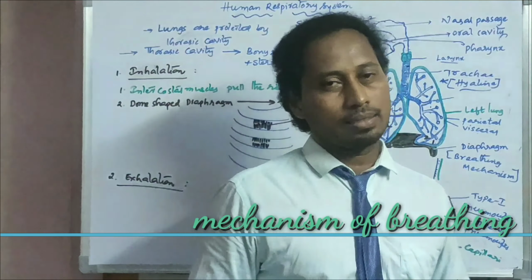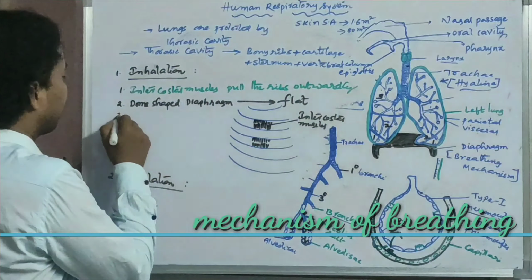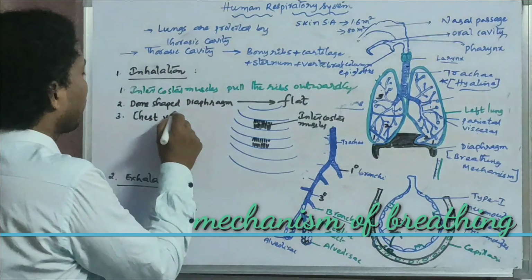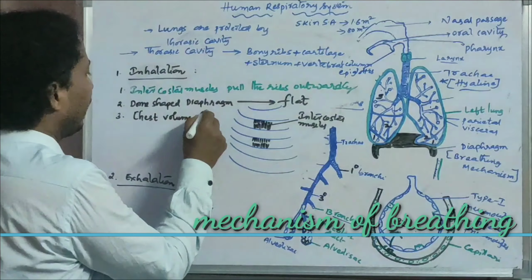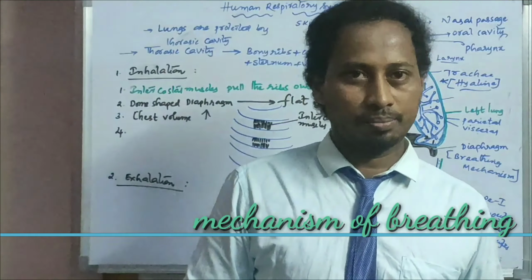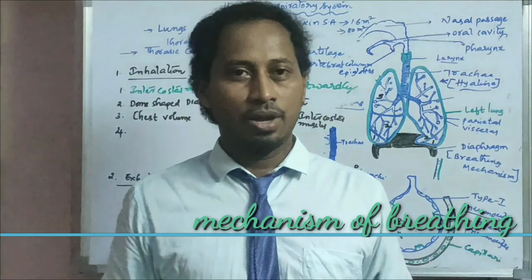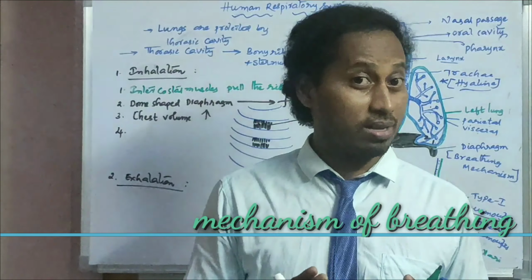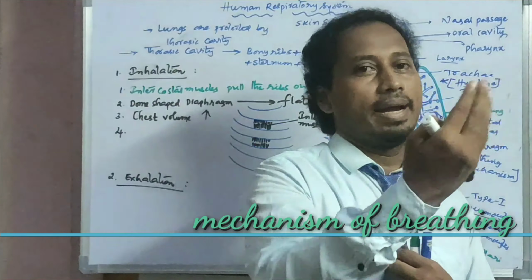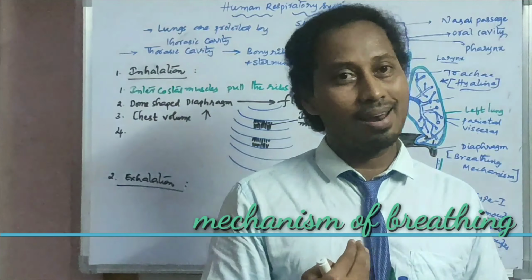So now the third event: the thoracic cavity volume, or the chest volume, increases. It is very well known that when volume increases, pressure decreases. So obviously outside air rushes into the lungs.